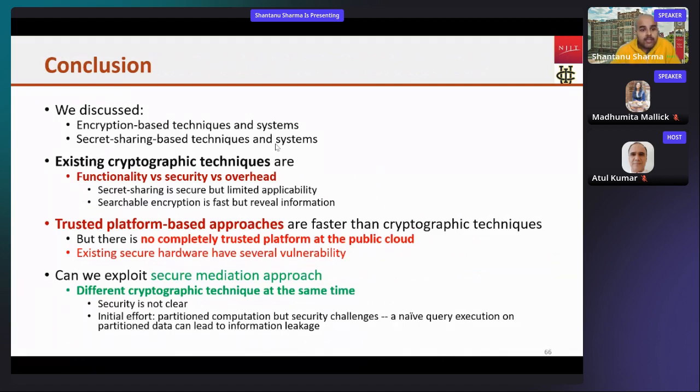I discussed several things here: encryption based techniques, secret sharing based techniques, SGX based systems, and whether we can expect secure mediation, meaning how we can use multiple techniques over one database, just like CryptDB, in an efficient manner.